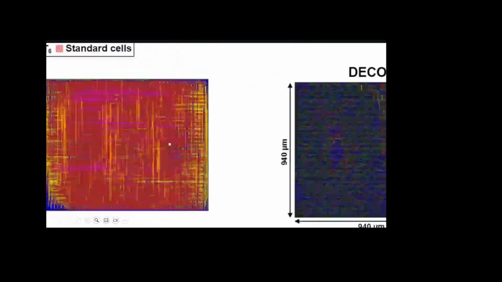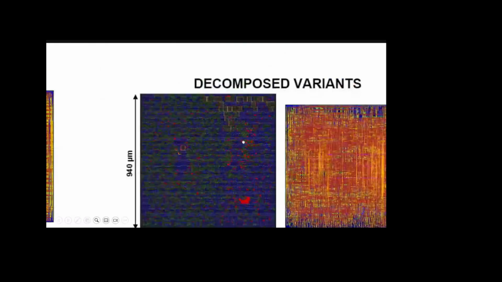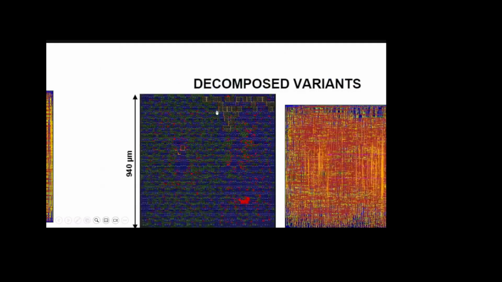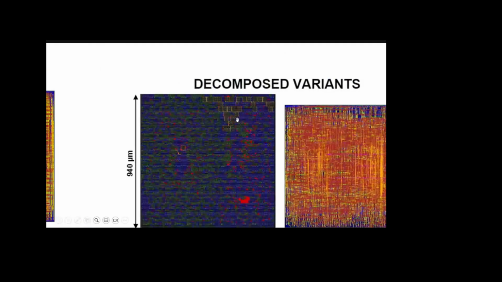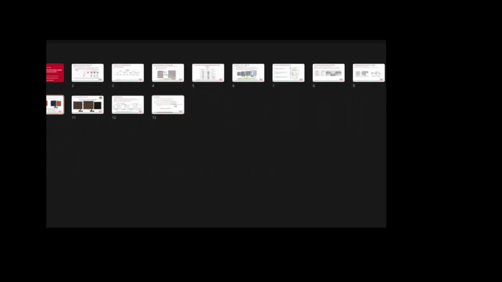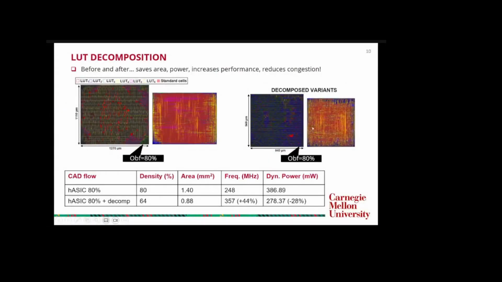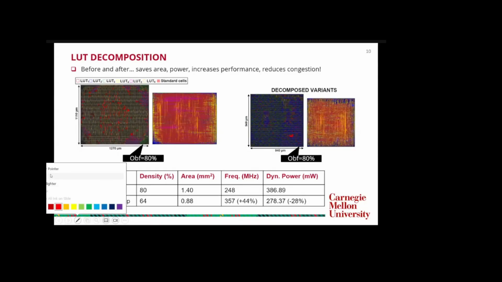And here you can see very tiny spaces, and we have very few of the orange 6 input lookup tables. And if you see the routing here, we can say that after decomposition, we have a very relaxed design as compared to this one. And I think M7 is barely used there for the routing.